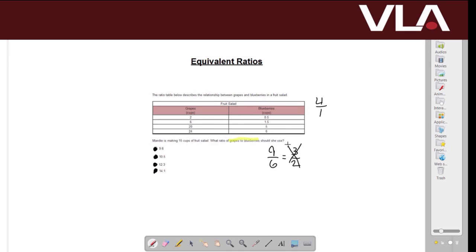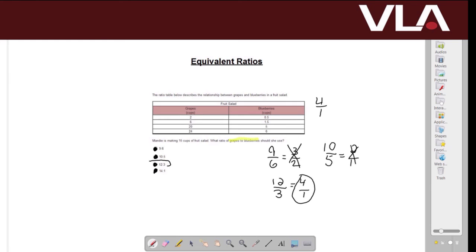So that doesn't work. We can try 10 to 5. 5 goes into 10 twice, and 5 goes into 5 once. That's a 2 to 1. That doesn't work. 12 to 3: 3 can go into 12 four times, and 3 can go into 3 once. And bingo, there is our ratio.